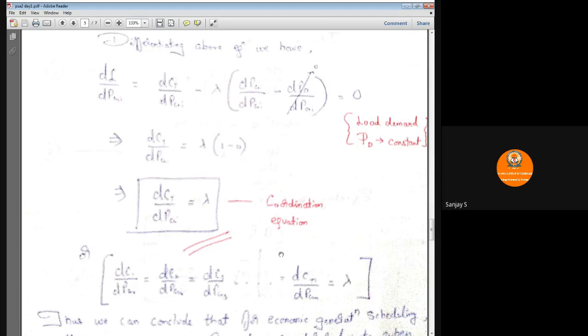Incremental fuel cost equation we had got by differentiating the cost equation. That was nothing but dC by dPGI. Do you remember that? So what do you understand from this final expression? Lambda is a constant. dC1 by dP1 is equal to dC2 by dP2 up to n plants.